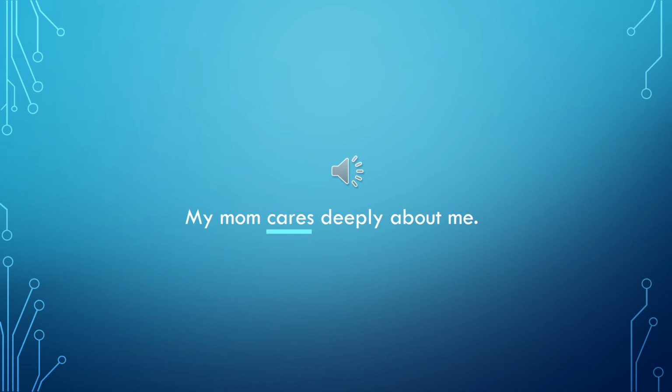Step 1 is to look for the red flag, ly. And immediately we find the word deeply. This tells us how much Mom cares. Are you finding the right words before I say them? Good. Now let's try some more.